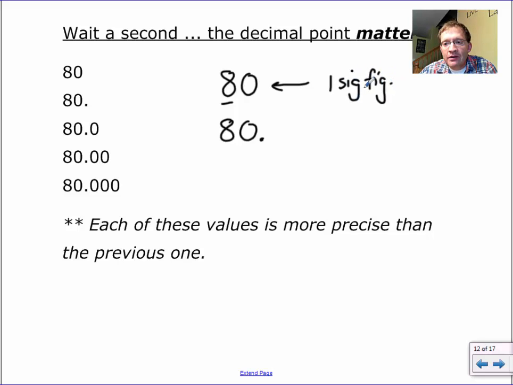When the decimal point, as you see in the second value, is present, we're going to start counting from the left. And that means the 8 and everything after it gets counted. So there are two significant figures. Having two means having more precision, okay, in the second value. So that makes 80 point more precise and a better value than just 80. So when you write a decimal point, make sure you mean it. And when you need to have the decimal point there, make sure you do.